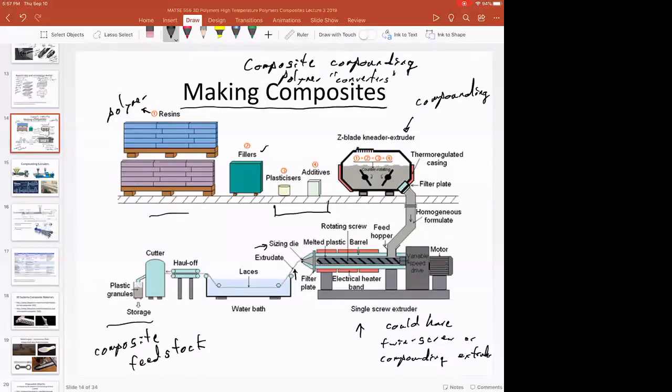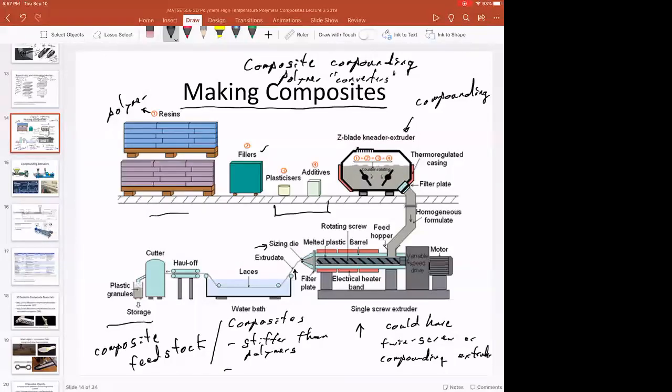And in general, we'll talk about properties of composites, but in general, you make a composite in order to stiffen the material. And so lots of times composites are stiffer than polymers.